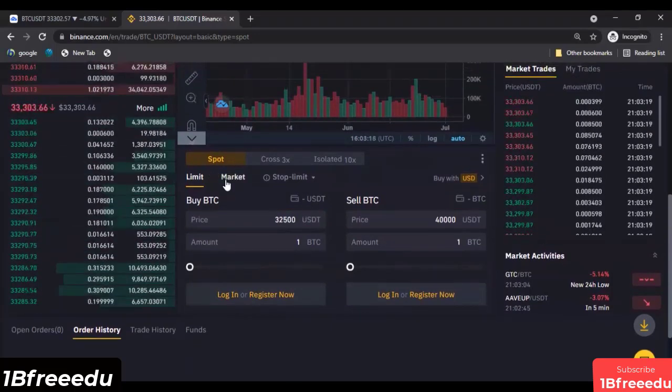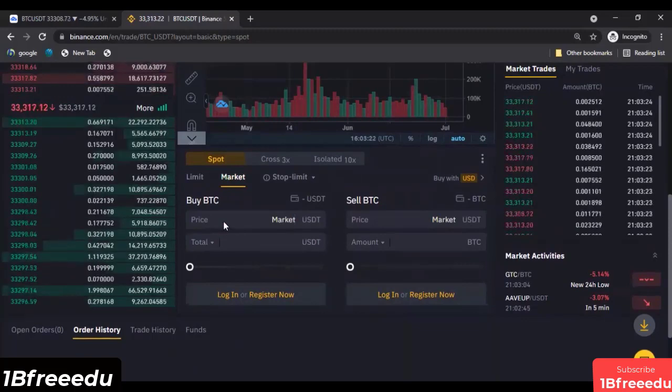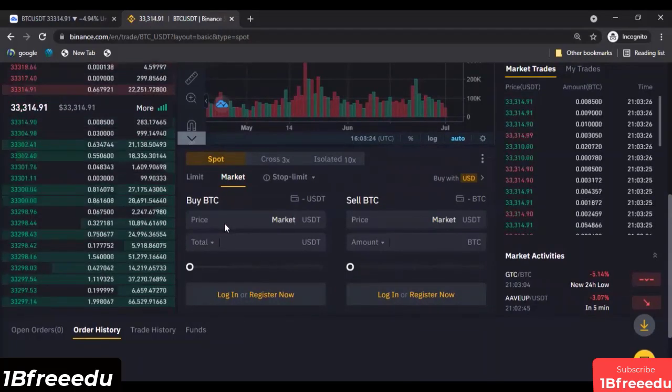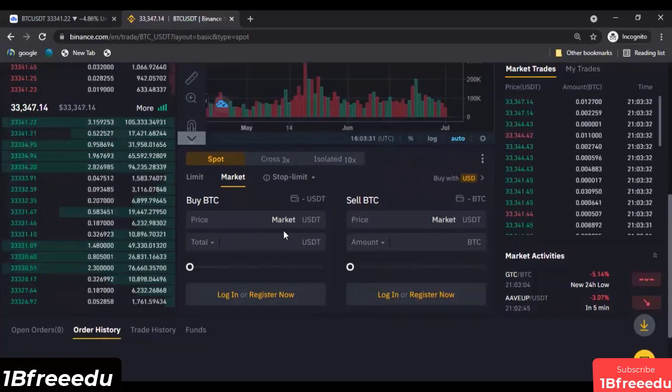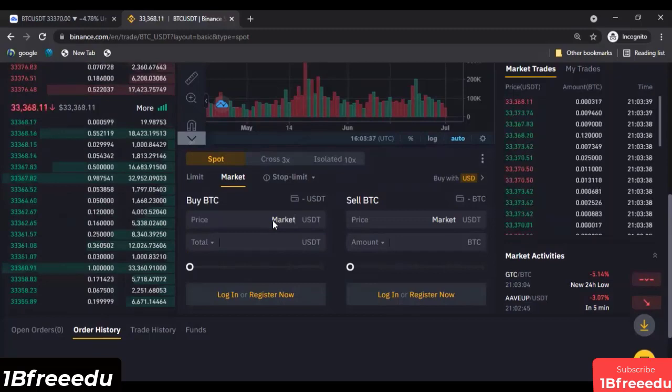So now moving on, this market order here is basically for when you think that right now, for example at 33,300, it is the best price to buy. So at this market price you want to buy. Basically, at the current price it will buy BTC for you. This is quite simple.